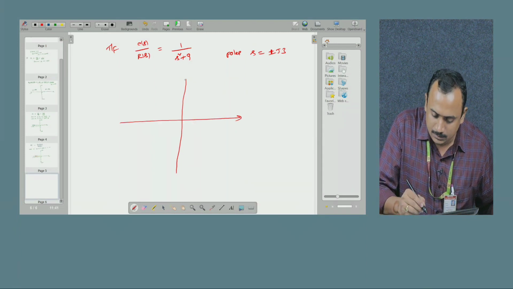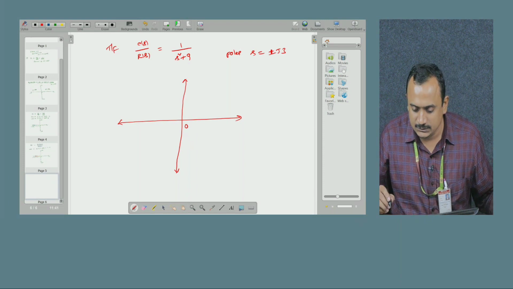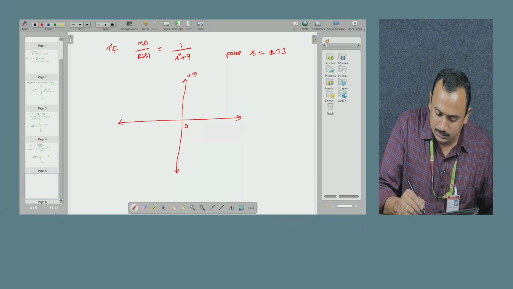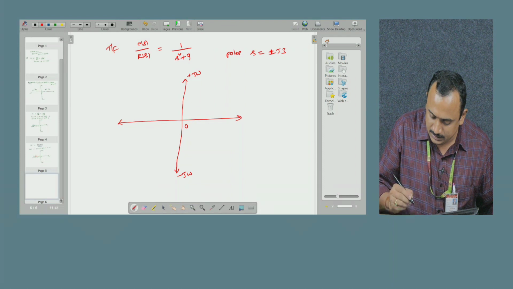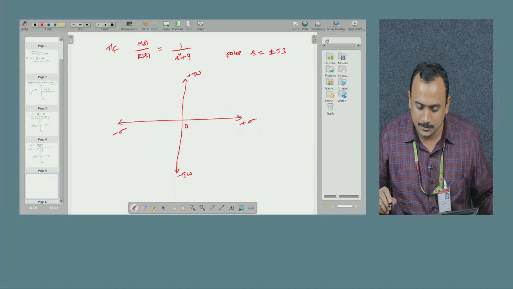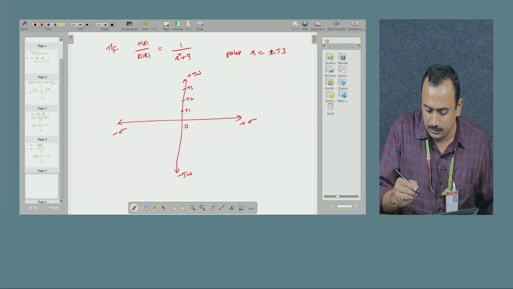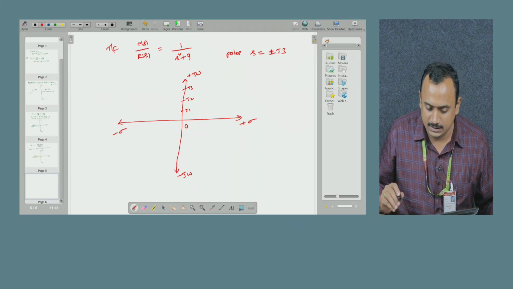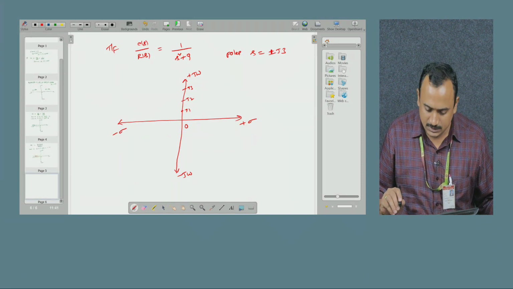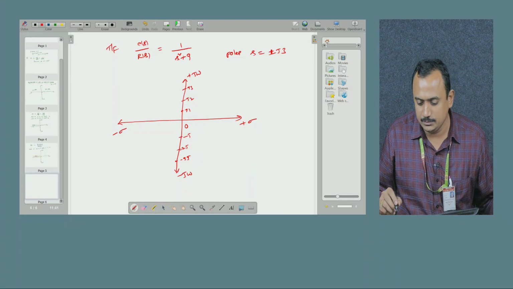In s plane, this is 0, and this is positive imaginary axis, this is negative imaginary axis, positive real axis and negative real axis. And let us say this is at j1, j2, j3, or you can represent 1, 2, 3 since it is imaginary axis associated with j, and this is minus j, minus 2j, minus 3j and so on.